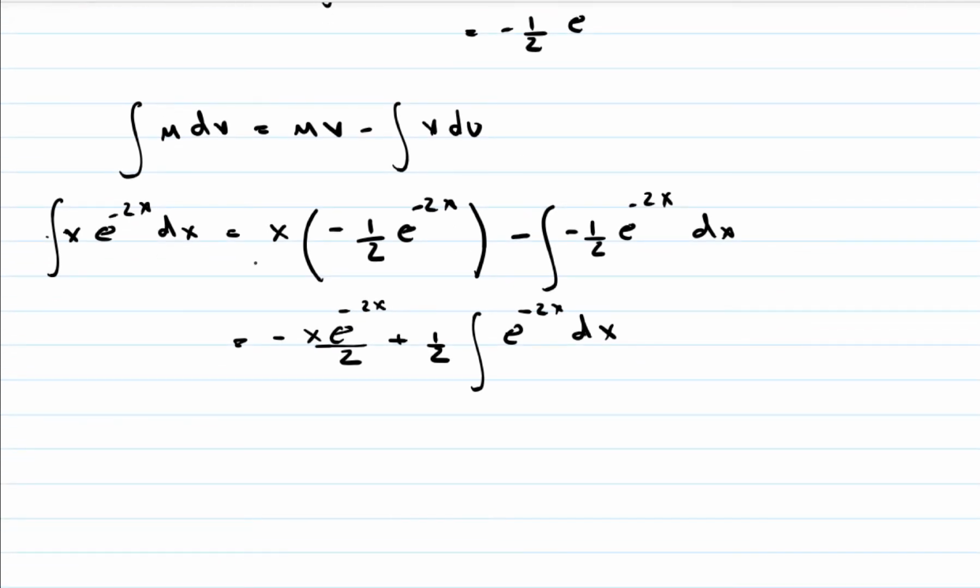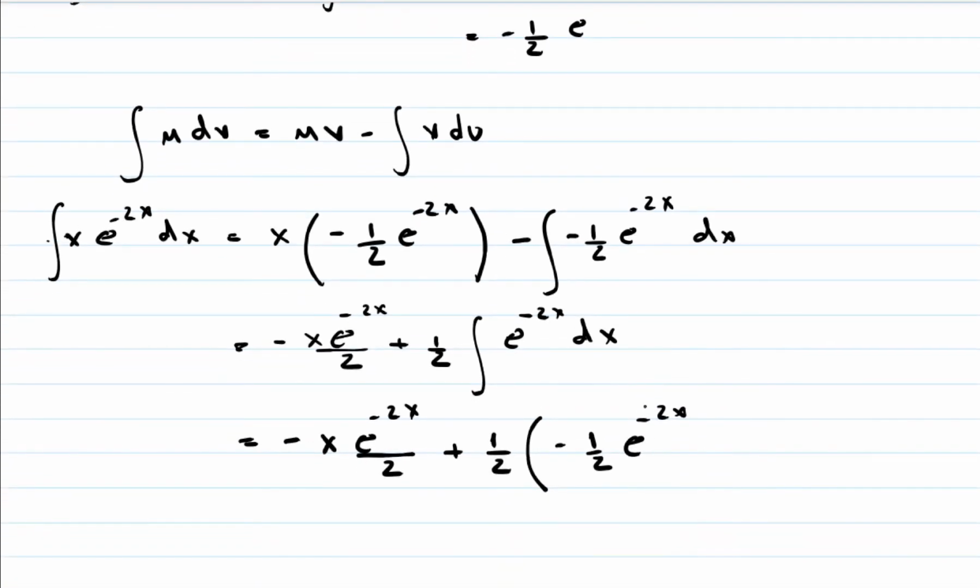So this expression here is the same as v, so you don't have to solve it again, you just have to replace it by v. So this becomes minus x e raised to minus 2x divided by 2 plus 1/2, and then minus 1/2 e raised to minus 2x, which was the value of v there, okay?